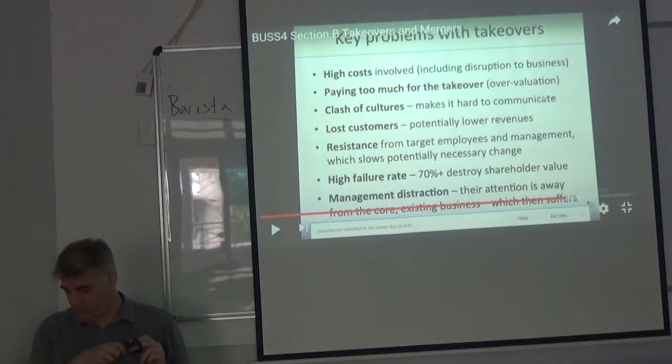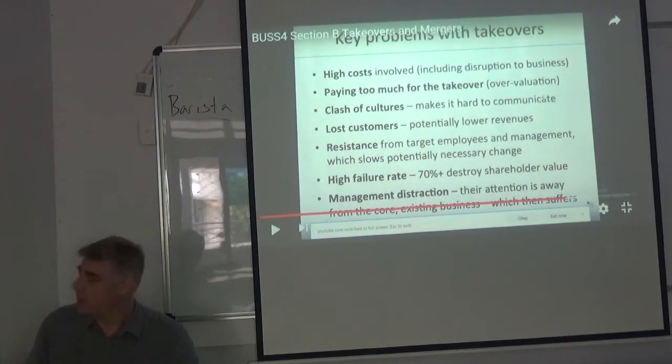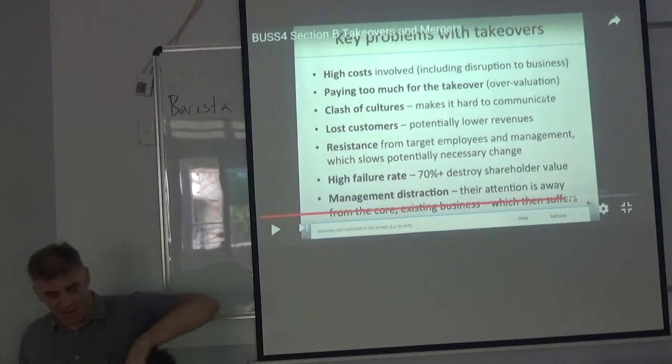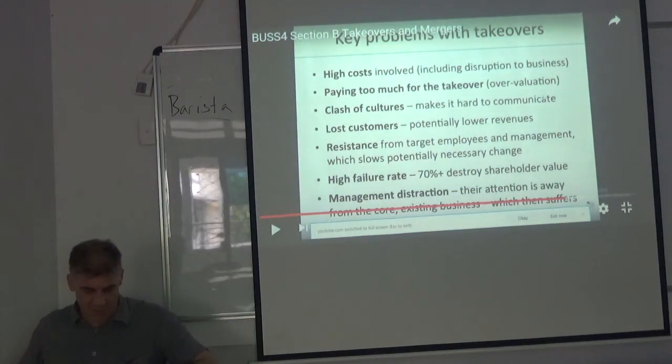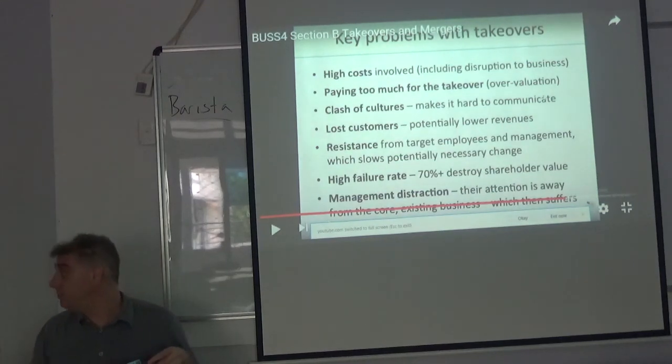If you're in a fast-moving market, like Nokia was, and you're slow-moving because you're trying to merge two groups of staff, then there's a good chance that you might miss the boat on some innovations, or at least some market trends. Paying too much for the takeover, having a sense that the value is going to be so much higher than it really is, might be an issue.